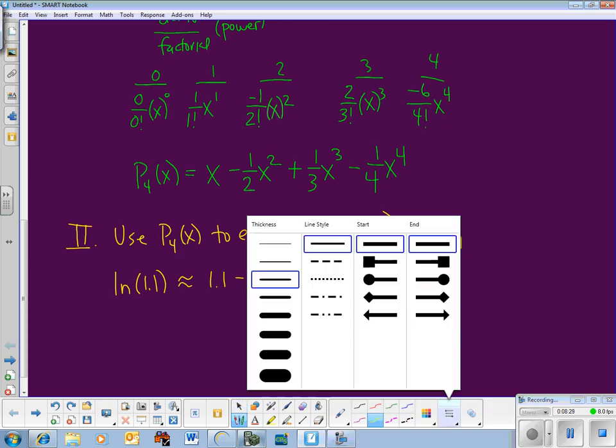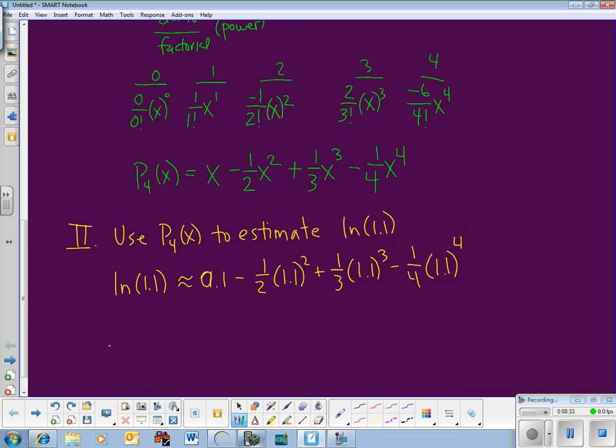What I meant to say was 0.1, because my function was natural log of x plus 1. So if I want to estimate the natural log of 1.1 using this polynomial, which is approximately equal to the natural log of x plus 1 or 1 plus x, I need to actually plug in 0.1, not 1.1.